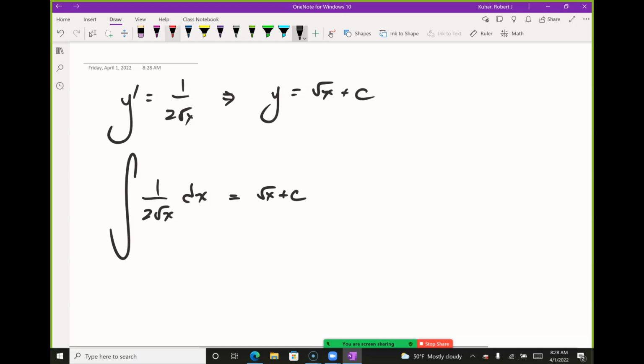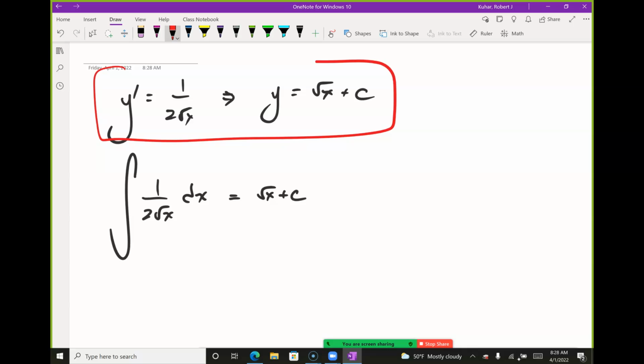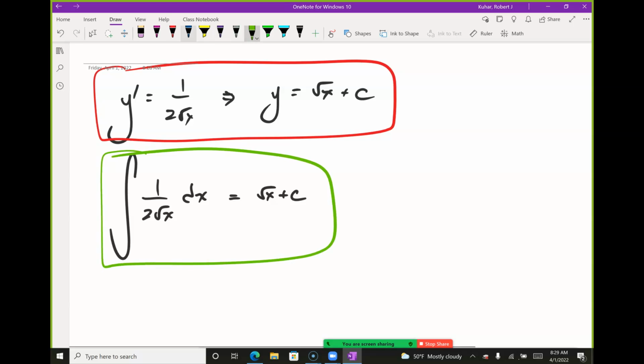So when we're talking about antiderivatives, we'll use this form. And when we start getting a little bit more sophisticated, we'll be talking about integrals. So this one I would call an antiderivative. Same though, of course. And this one is the integral.